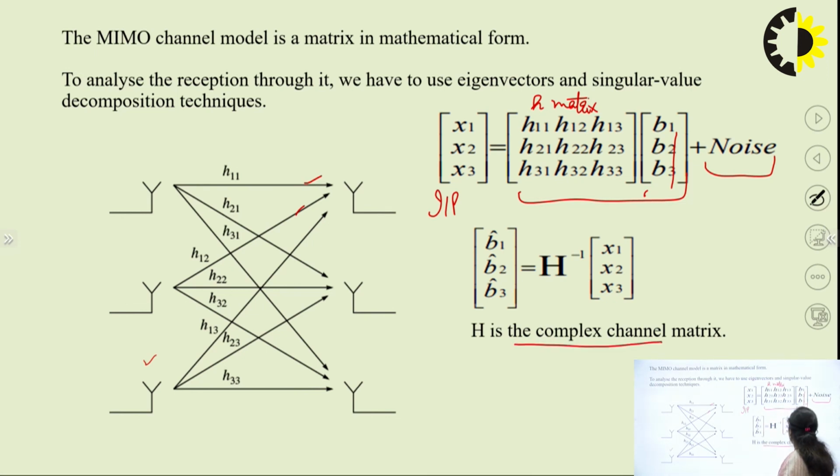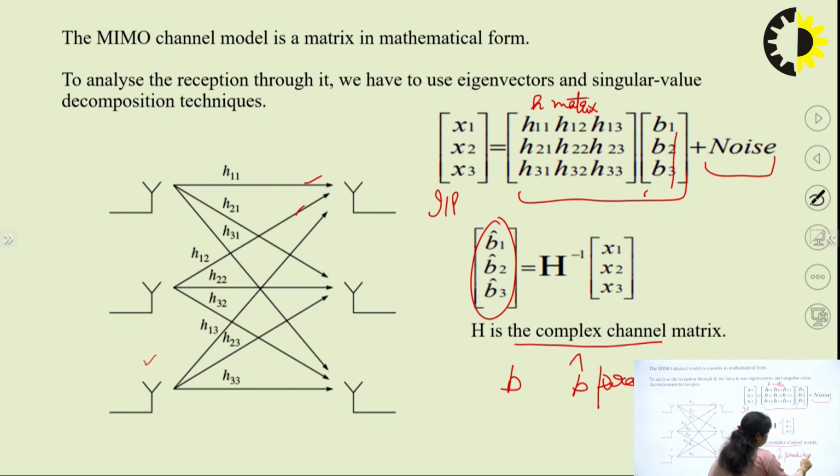So H is the complex channel matrix here. To calculate this approximated value, B is the original and B cap is known as the predicted value.